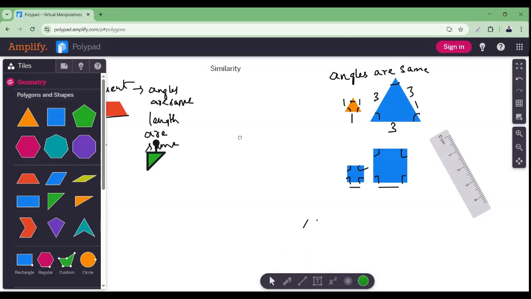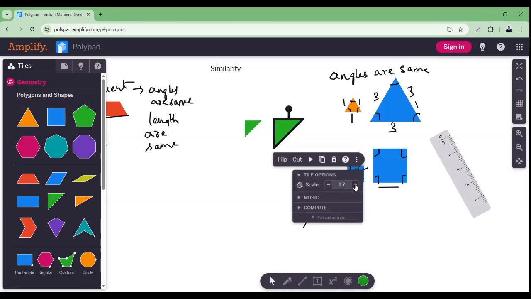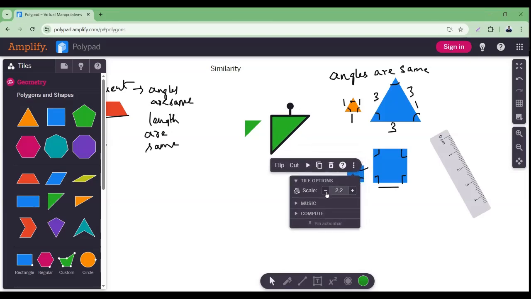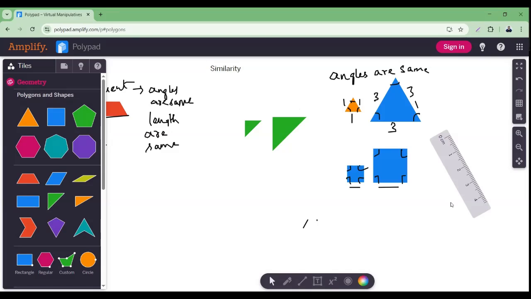Okay, let's take some other shapes. Let me take this triangle, and let me have another one that looks the same. These are congruent triangles. What do you notice here? Let's take this scale.